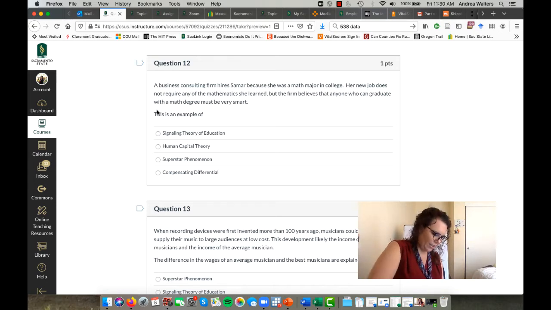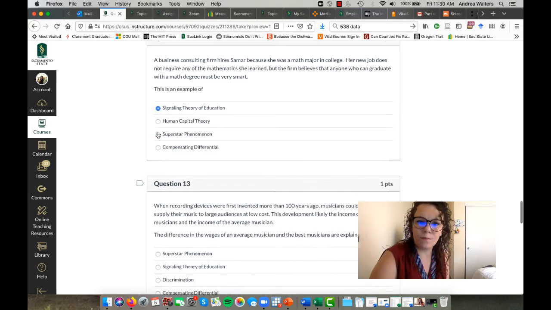And the trick here is that Samar's degree is in math, but the firm isn't going to use any of her math education. So that's telling us that this is signaling theory. In this case, education isn't increasing her productivity. It's just a signal to the firm that she might be a good worker.